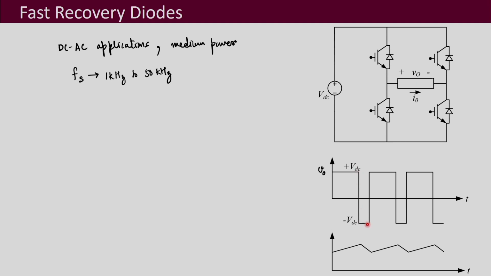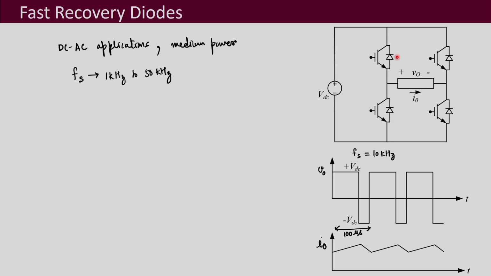Let us assume that the switching frequency is equal to 10 kilohertz. Then the total period will be equal to 100 microseconds, and this is your load current IO over here.